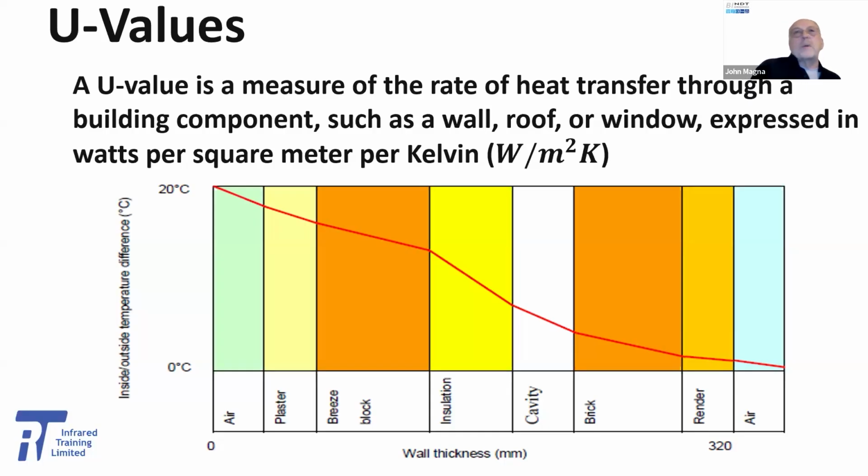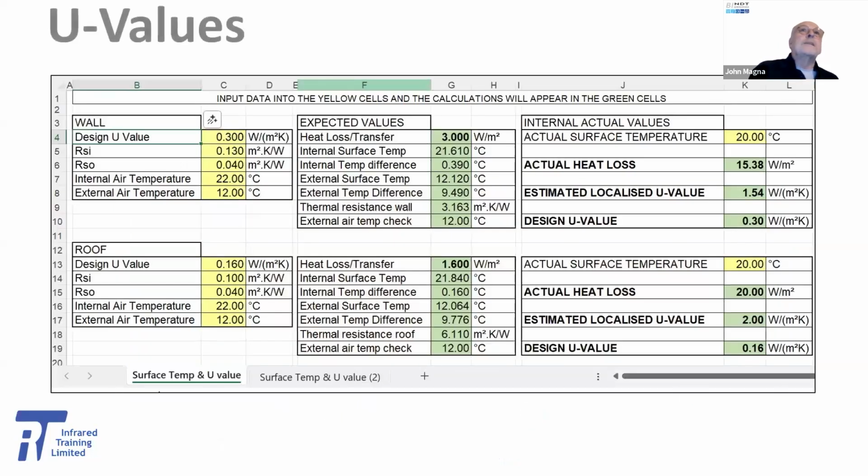With a dedicated spreadsheet, we can account for differing conditions of convective heat transfer and estimate U values based on actual surface temperatures at the time of survey. So by combining U value calculations with our heat transfer formulas, we can determine expected surface temperatures using design U values, account for differing conditions of convective heat transfer, and estimate U values based on actual surface temperatures at the time of survey.